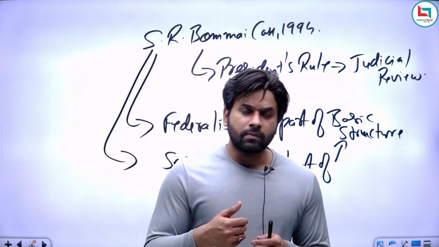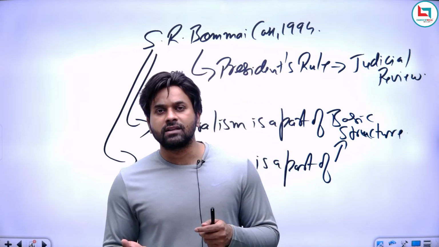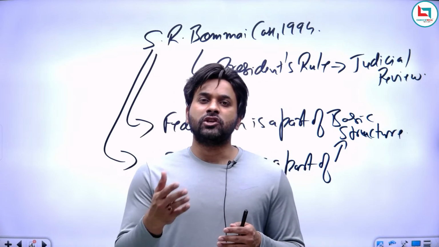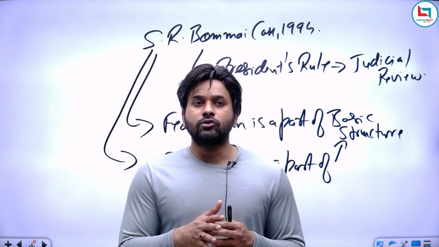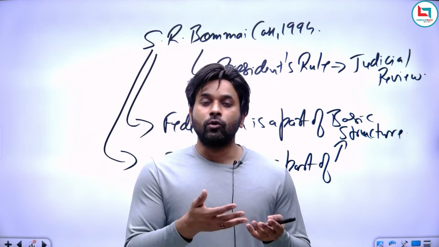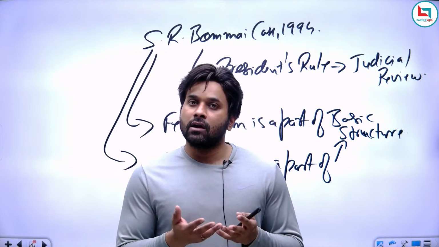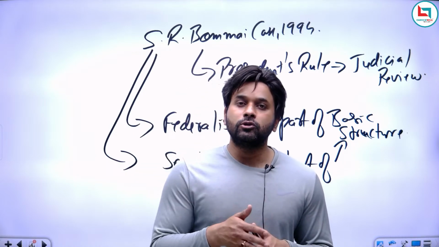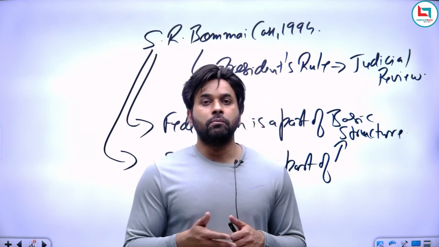And there are many more guidelines issued by the Supreme Court. For example, suppose the chief minister resigned. Ideally the governor should look for another alternative, and only when all the options are exhausted can you impose President's rule. Otherwise you cannot impose President's rule.